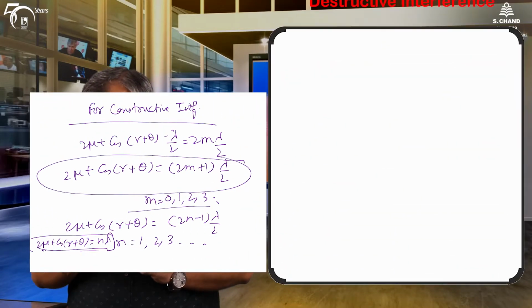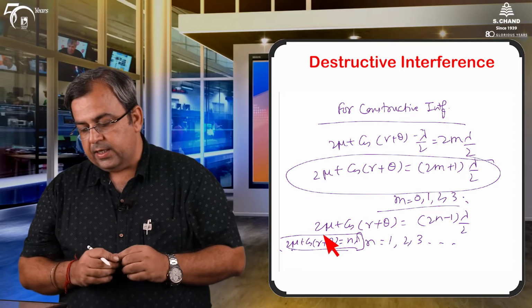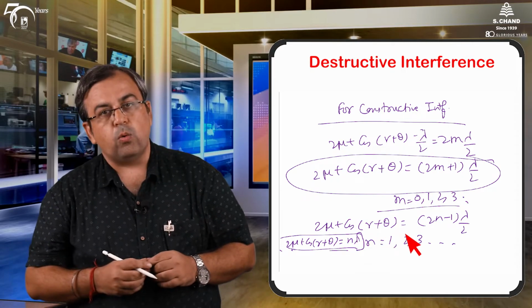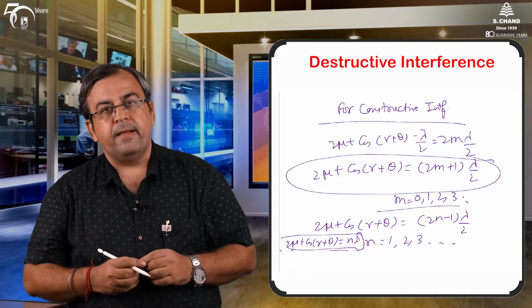As we know, in interference we get constructive and destructive interferences at regular intervals, and there is a systematic pattern we observe. Now, when there is a destructive interference, 2 mu t cos r plus theta is equal to 2n minus 1 lambda by 2, which is the condition.